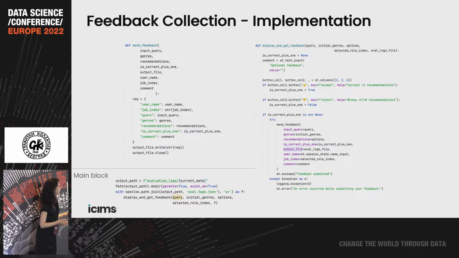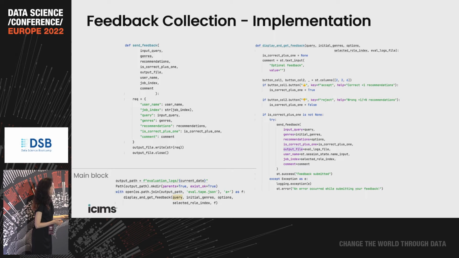You just define your buttons, as seen on the right side, and a display and get feedback function. So you define your buttons, thumbs up and thumbs down. Then depending on what is clicked, you send the feedback. We see this feedback as a JSON object or dictionary object.